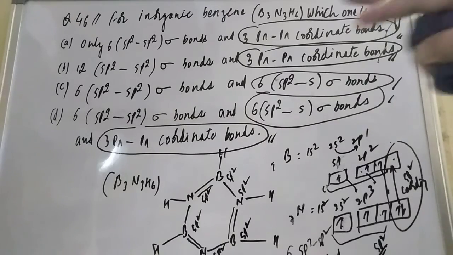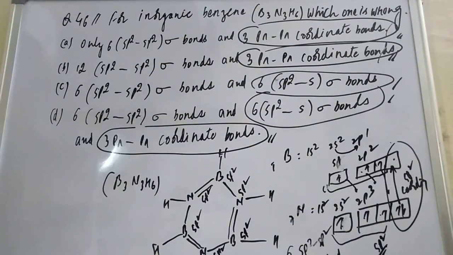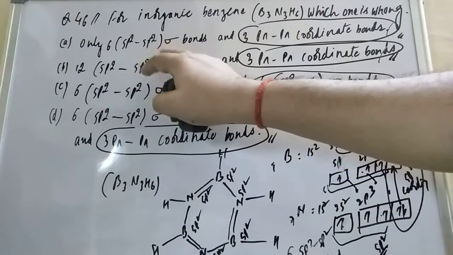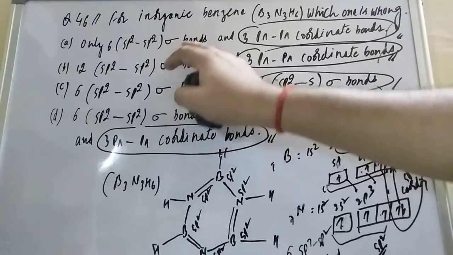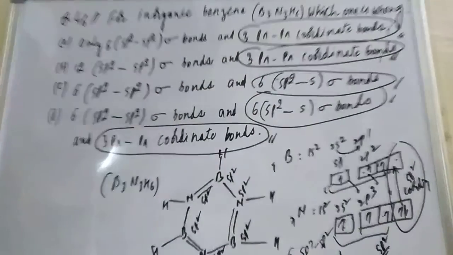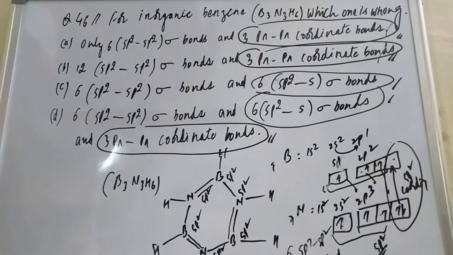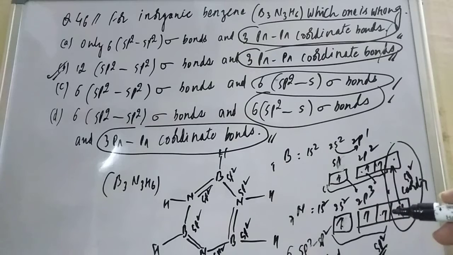Here in one option there are 12 sp2 sigma bonds and 3. And here it is 6 sp2, and here also only 6 sp2. So the correct option should be option B, students. I think they have given option D, but D is not the correct option. Why?